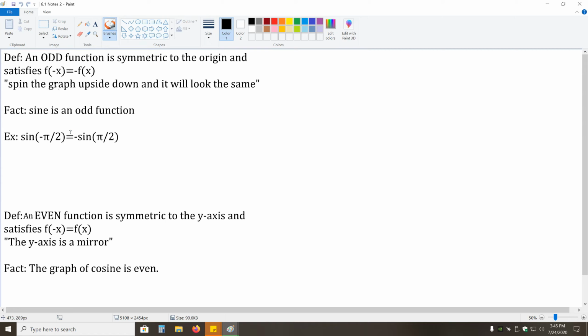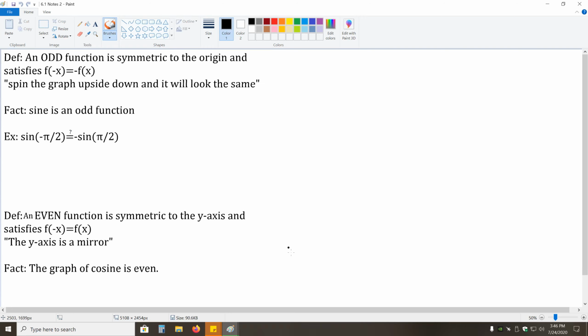So that's saying that if you have an odd function, you can essentially take the negative value from the inside of the function and multiply it to the outside, and you have the same result. And what this means graphically is if we take the graph and spin it upside down, it will look the same. We call this symmetric to the origin.